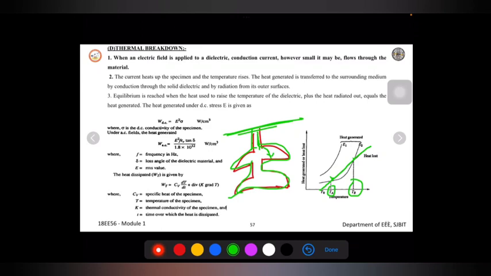Whenever there is a heat loss, the breakdown will occur in a solid dielectric because of thermal breakdown. Whenever the heat generated is less than the heat loss, in this case the breakdown will occur. So this is regarding thermal breakdown.